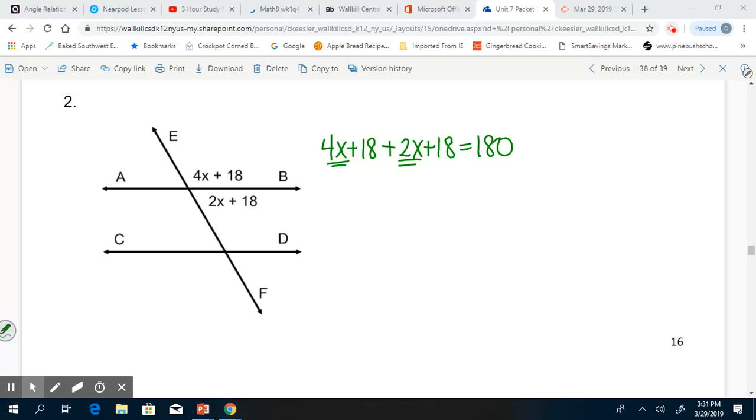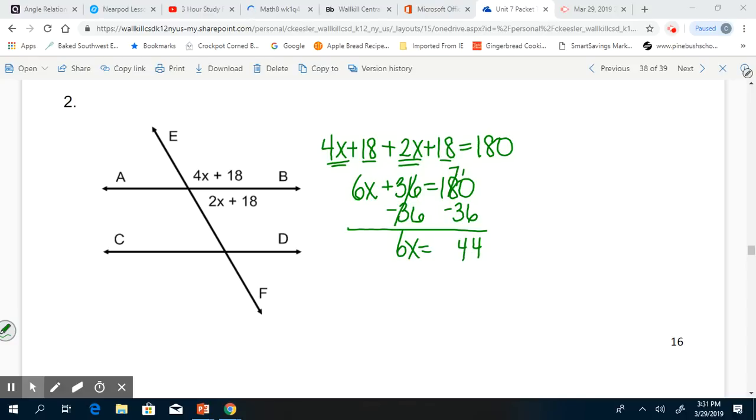Combine like terms, 4x and 2x is 6x, 18 and 18 is 36, equals 180. Subtract the 36. 6x equals 144. Divide by 6.